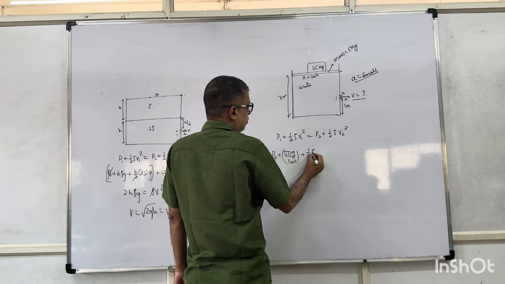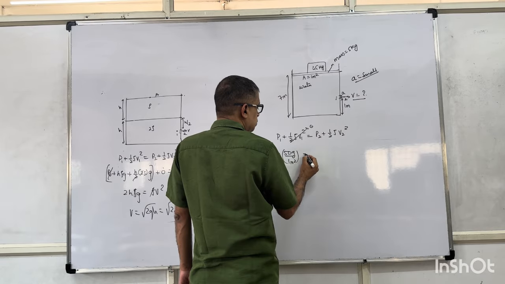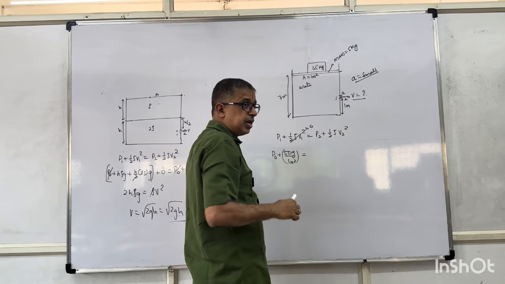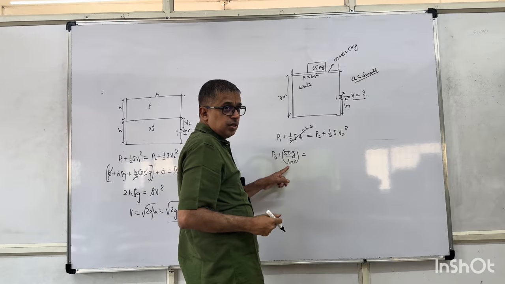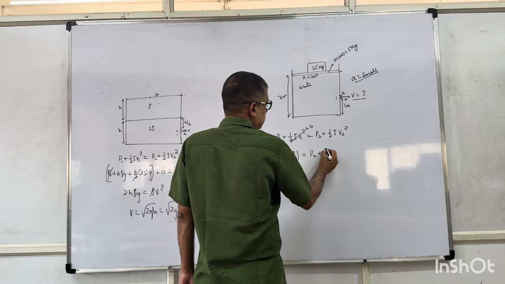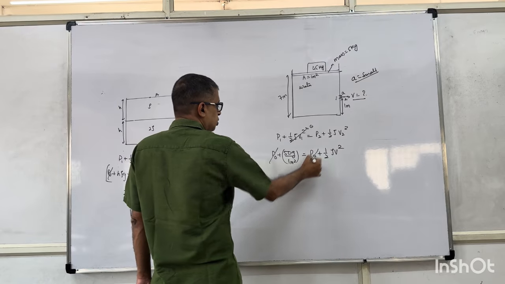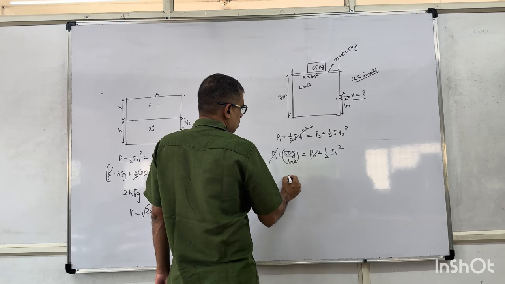Plus half rho V1 square will be 0 because small a is very small. Then why did he give you capital A? For us to calculate this pressure. P2 will be atmospheric pressure plus half rho V square. Atmospheric pressure goes, right?